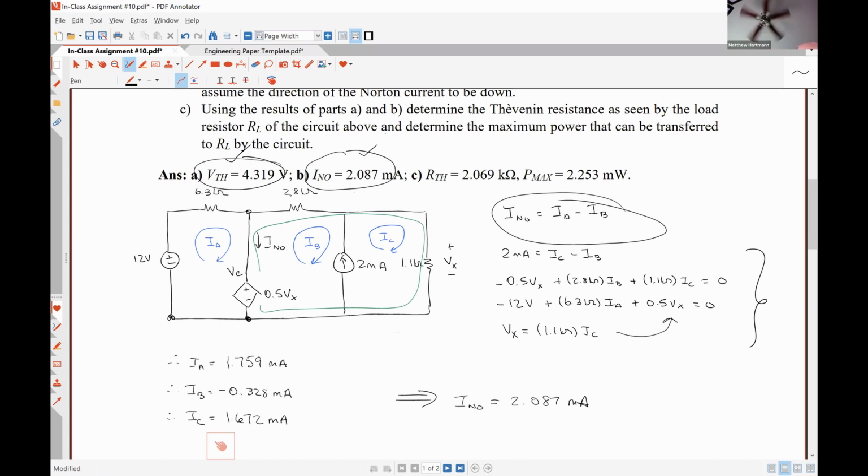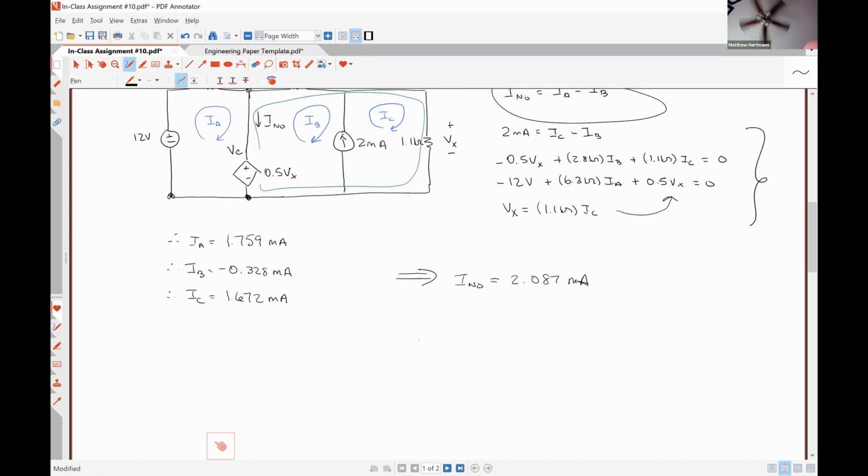So 4.319 divided by 2.087 milliamps equals 2.069 kiloohms here. Nothing wild or crazy there. Just using the relationship again. RTH is equal to VTH over I Norton.